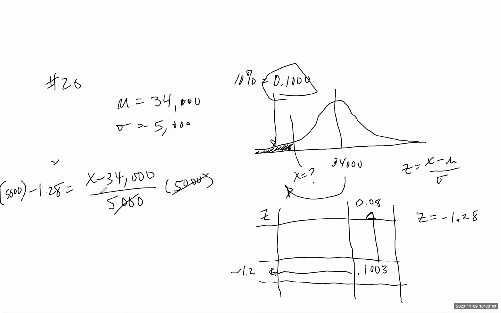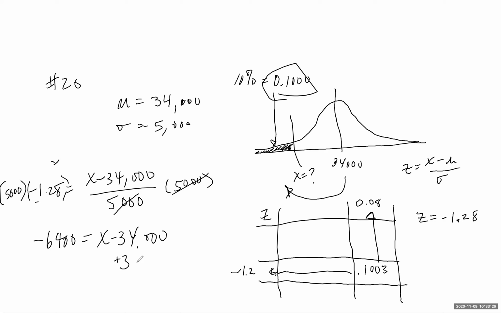This is multiplication over here: 5,000 times negative 1.28 is negative 6,400, equals X minus 34,000.